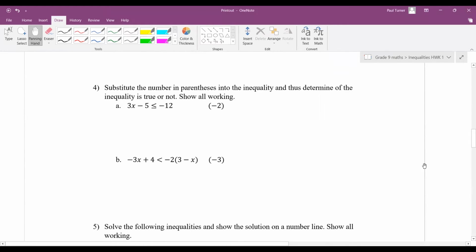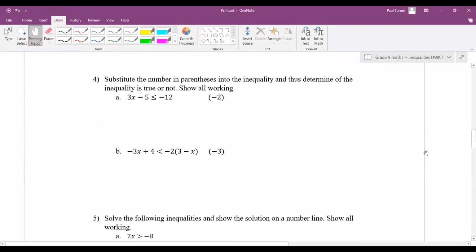So let's look at this question. What we want to do here is check whether this particular number, negative 2, will make this inequality true or false. So you basically just substitute your number. We'll put negative 2 into our inequality, 3x subtract 5, less than or equal to negative 12.